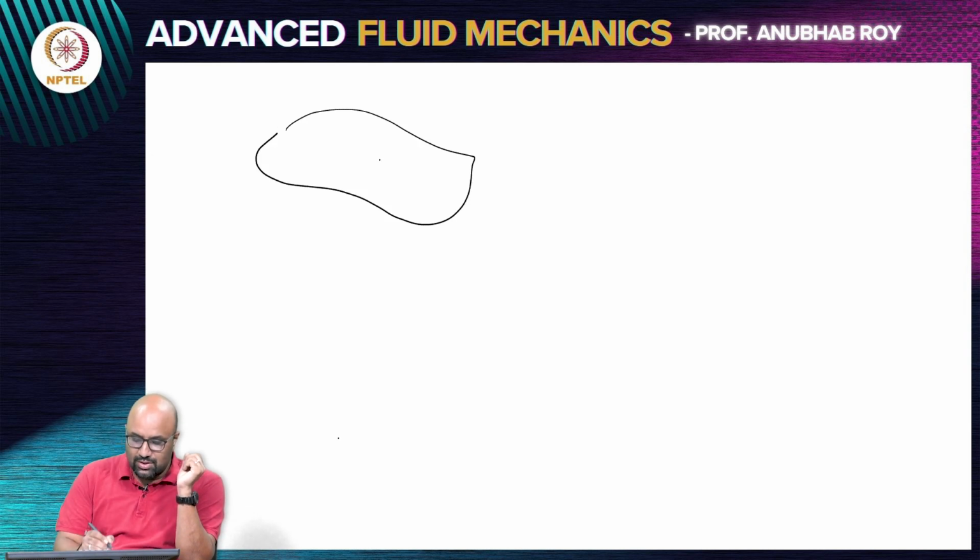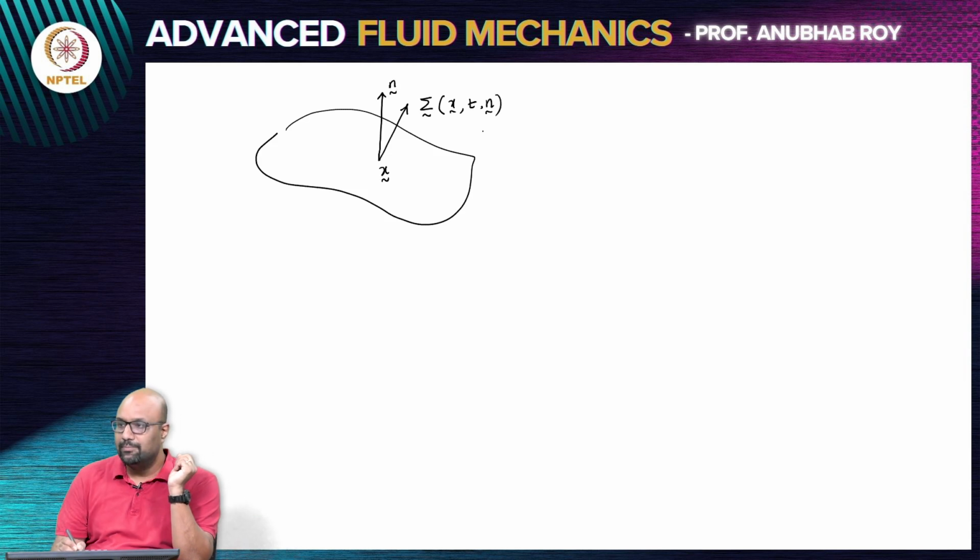The surface force at a particular point, sigma, would be a function of obviously the point in space x at which you are finding it and the instant in time t that you are finding it, but also because it is at a particular point in space, it would depend on the unit normal n at that particular point in space.